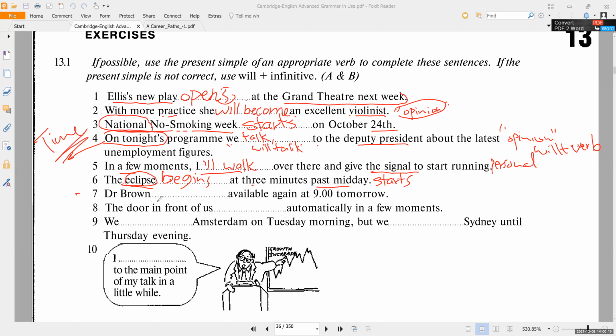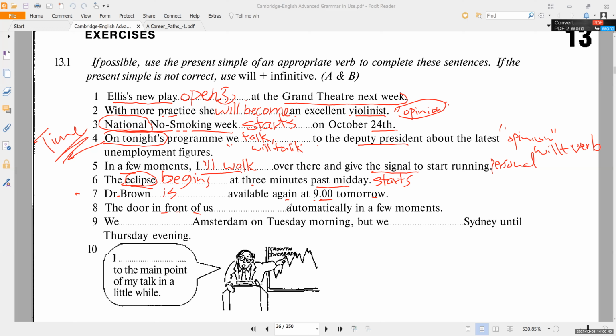Number 7, Dr. Brown available again at 9 tomorrow. إذا دكتور براون باعتبار هنا موعد عيادة راح نقول هنا Dr. Brown is available again at 9 tomorrow. The door in front of us automatically in a few moments.